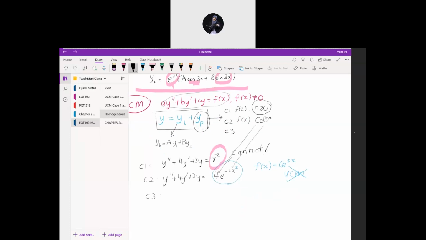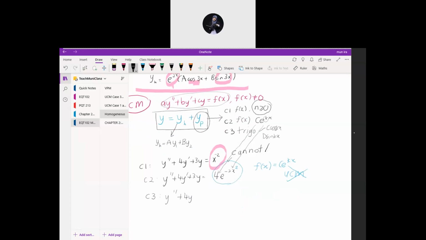Next. For case 3, your f(x) must be in the form of trigonometric function, but strictly in the form of c cos kx or d sin kx, or the combination of sine and cosine only.